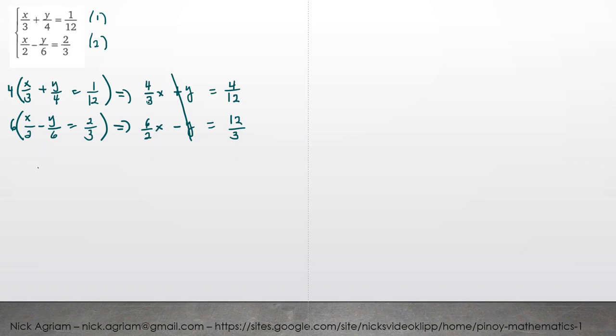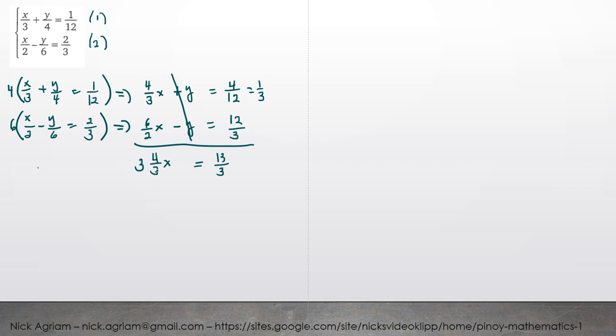We have thirds plus 3. That is 3 and 4 thirds x is equal to, this is also equal to 1/3. So if we have 1/3 plus 12, that is 13 thirds.